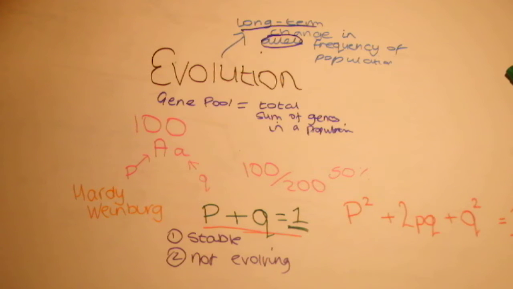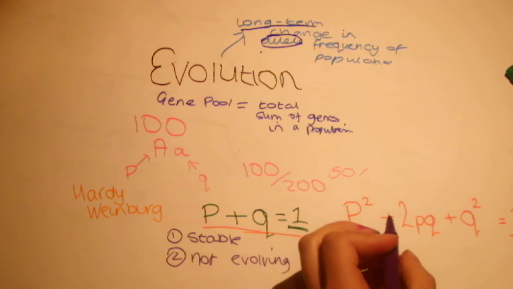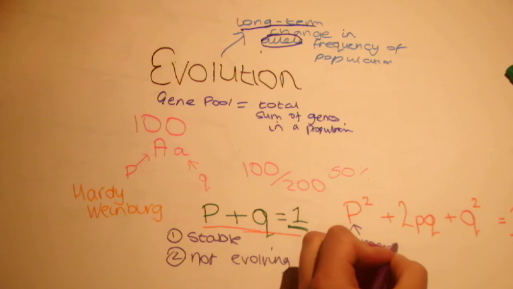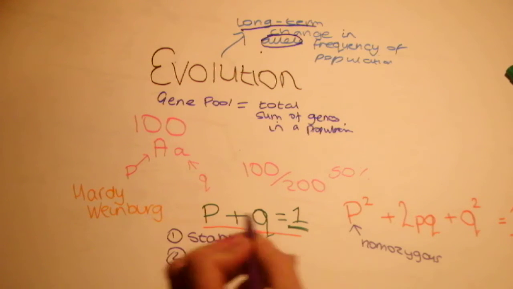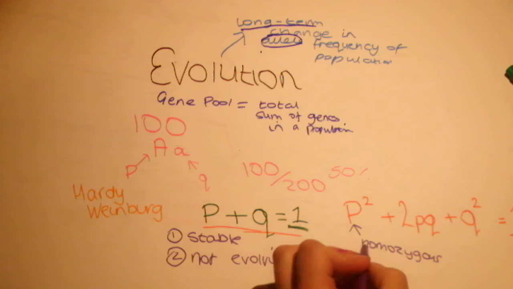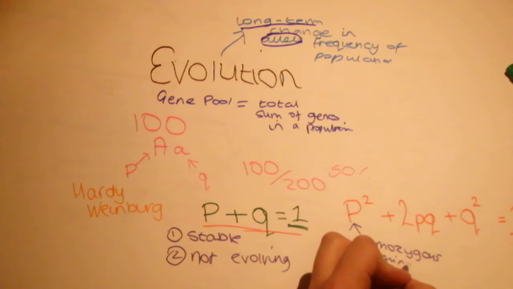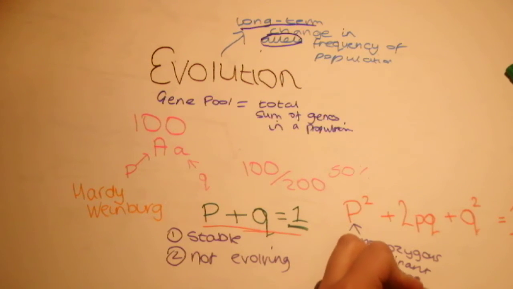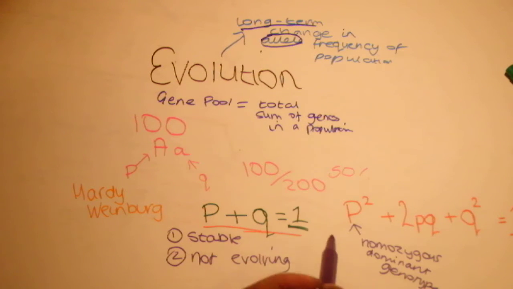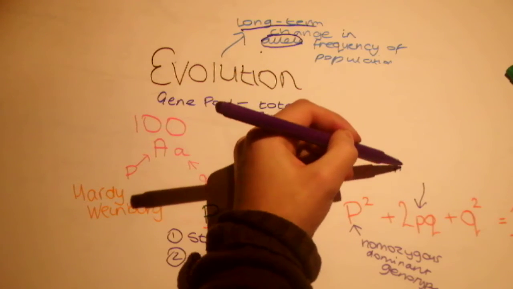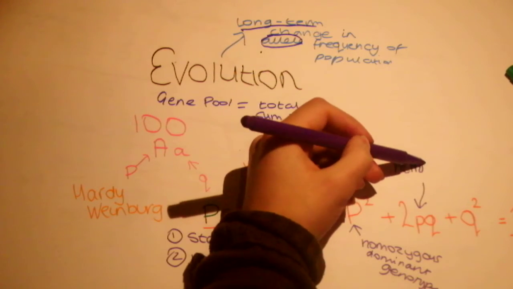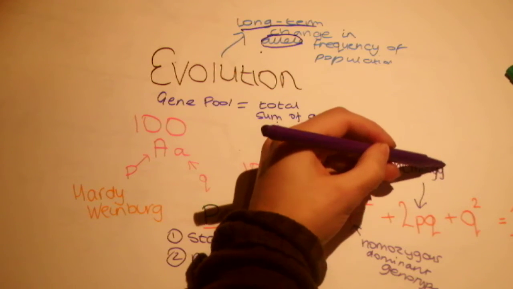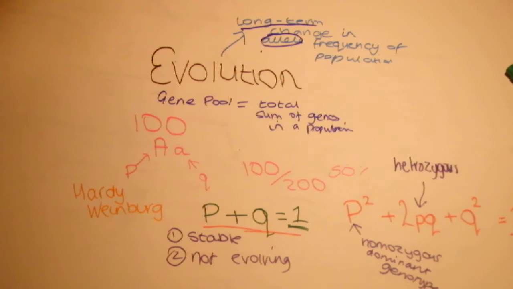P squared is the frequency of the homozygous dominant genotype. It has to be homozygous because it has to be dominant. The middle one, 2PQ, where they're both together, is the frequency of the heterozygous genotype.